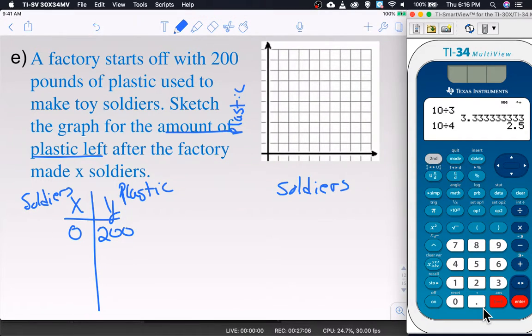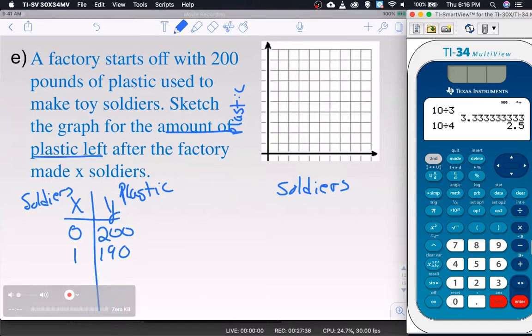Now, how much plastic each soldier takes is kind of up to you. If you want to say each soldier takes 1 pound of plastic, that works. If you want to say each soldier takes 10 pounds of plastic, we don't know how big these soldiers are. They could be really huge soldiers. So it's kind of up to you. It doesn't really say. So I'm going to say each soldier takes 10 pounds of plastic.